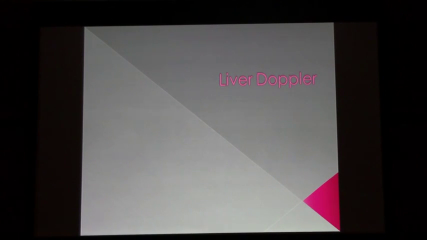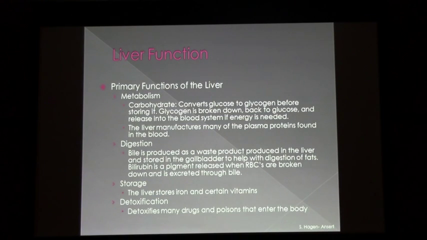So, liver Doppler. I covered liver functions and labs first. The liver has multiple functions. The primary one is metabolism. With that, the liver stores carbohydrates. It converts them to glycogen and then stores it. If it is needed for energy, that process is reversed back to glucose.